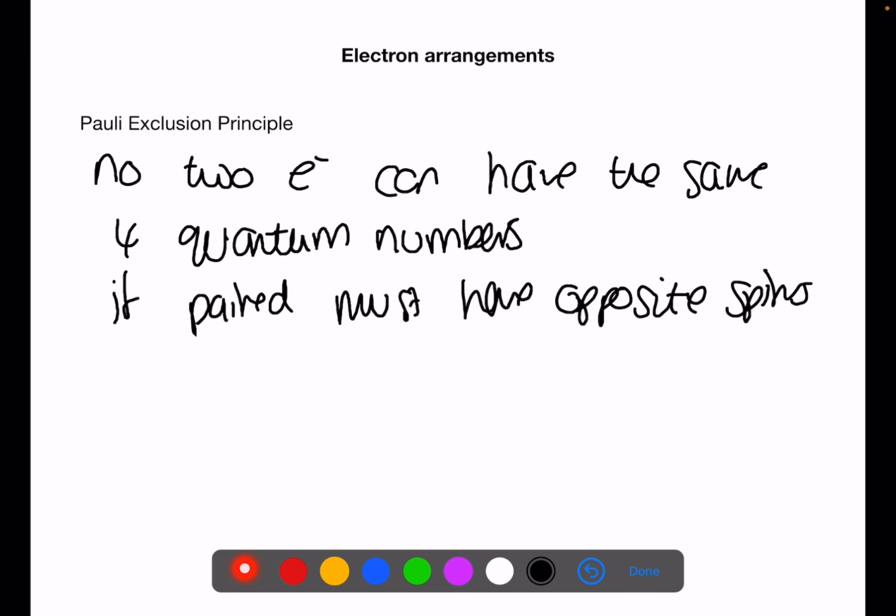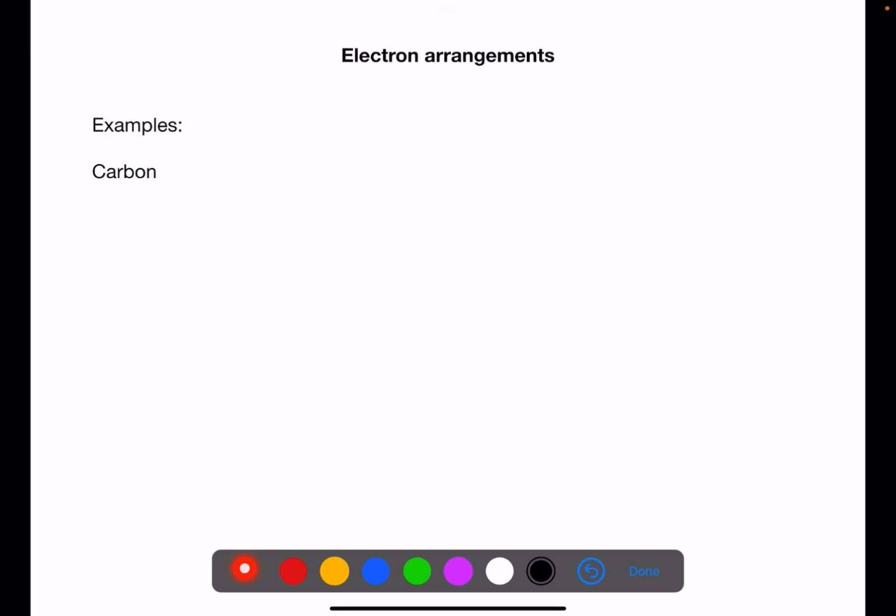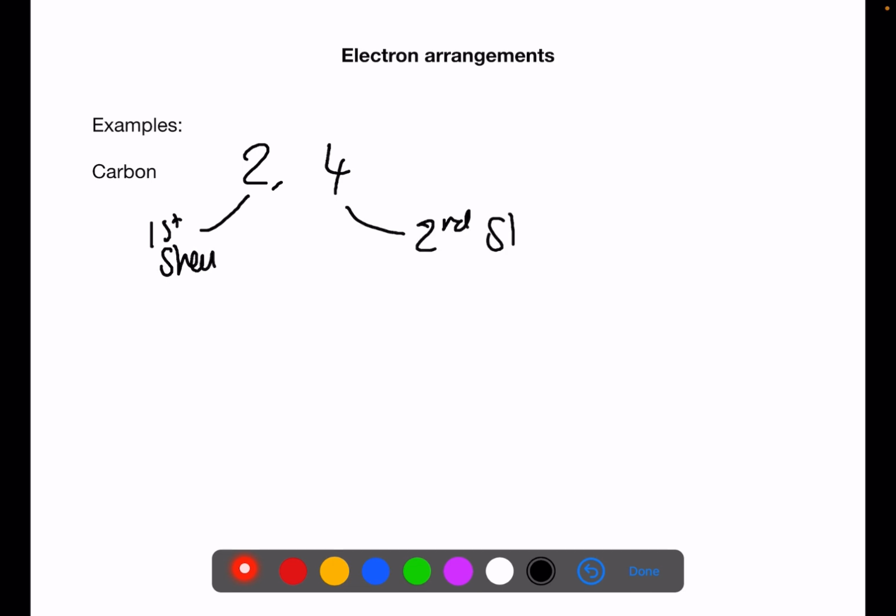So let's have a look at how we would now write out electron arrangements. So carbon, if we just start with the normal electron arrangement, which you would get from the data book, is 2, 4. So this is your first shell, and this is your second shell. And we're just going to make it a little bit more refined now. So in the first shell, we've got 1s. We've got 2 electrons, so they're going to pair.